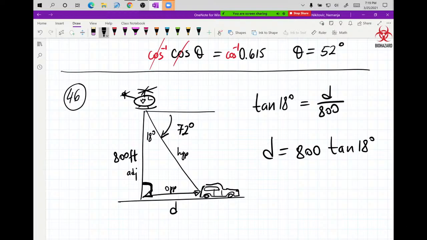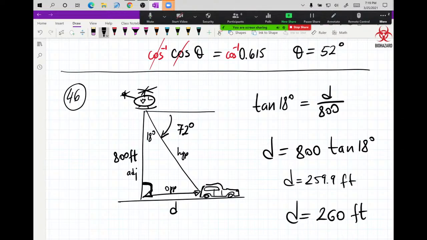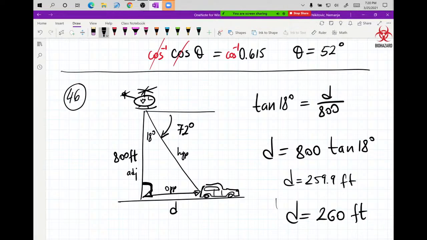So it's a requirement. All right, 800 tangent 18, and we are done. 259.9 feet. Distance is 260 feet. There you go. Boom. So easy when you know trig.